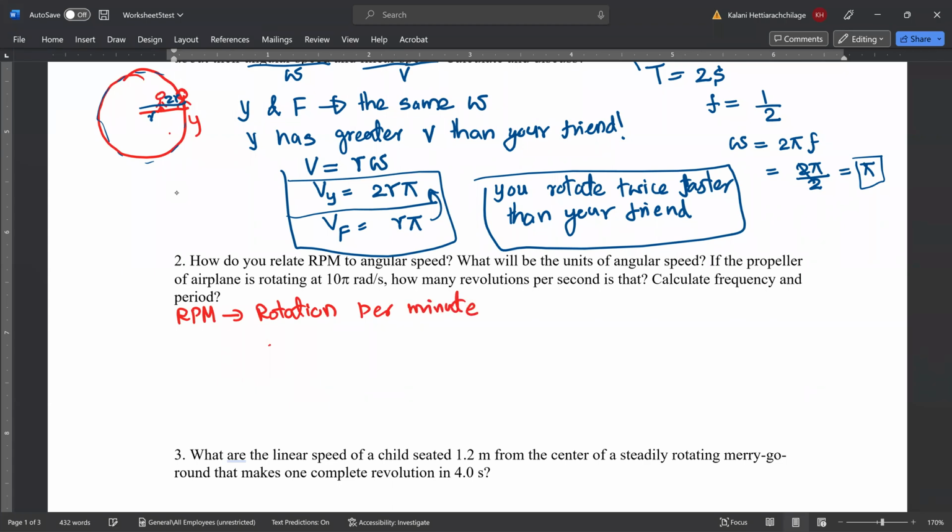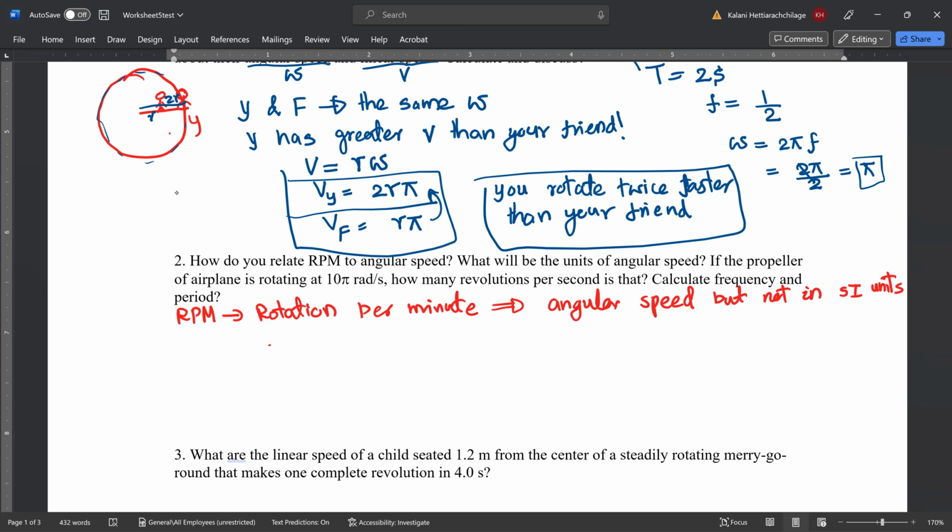That's what it means, right? How do you relate it to the angular speed? Actually, this is angular speed in different units. It is the same as the angular speed, but not in standard units, SI units, not in SI units.